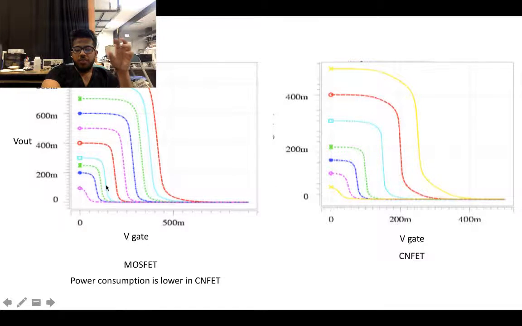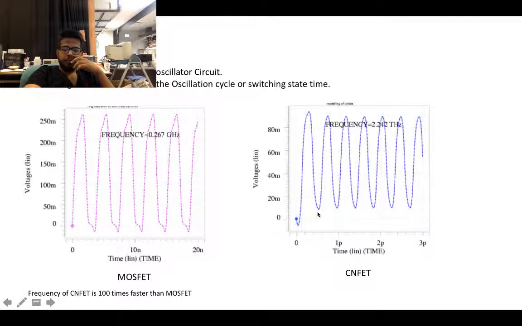What happens is you still have potential inside your gate while the gate voltage is still 500 millivolt, but here it dies at 400 millivolt. So you're saving a lot of potential, a lot of energy. So power consumption is high in case of MOSFET, because your V output is not going to zero, whereas in this case it is a little bit lesser than that of a MOSFET.